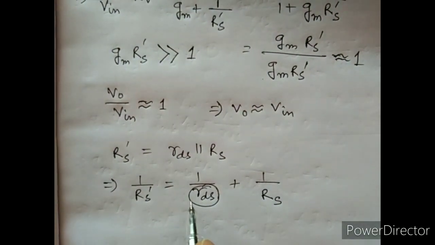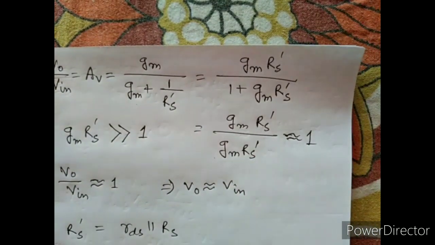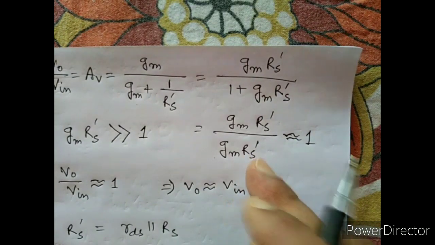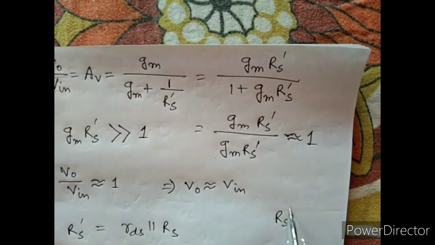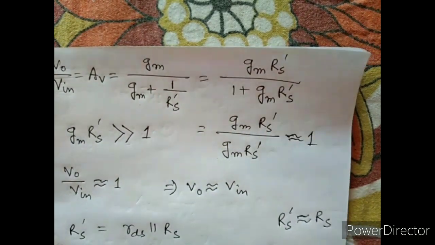In some cases we can neglect this RDS. If we neglect this, then RS dash will be equivalent to RS.